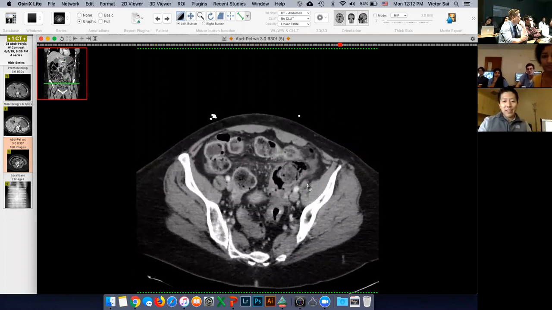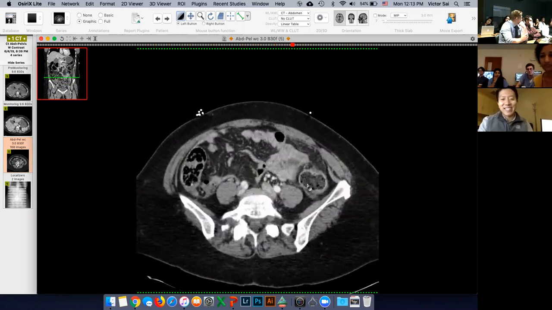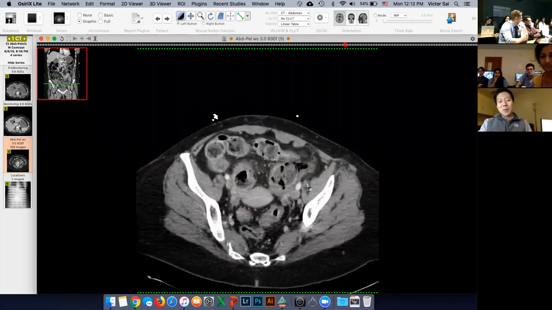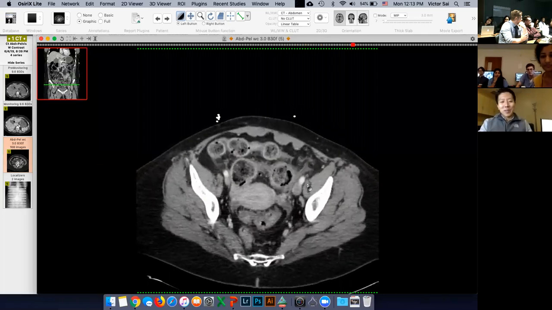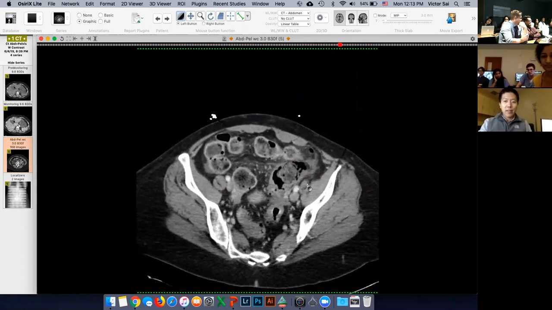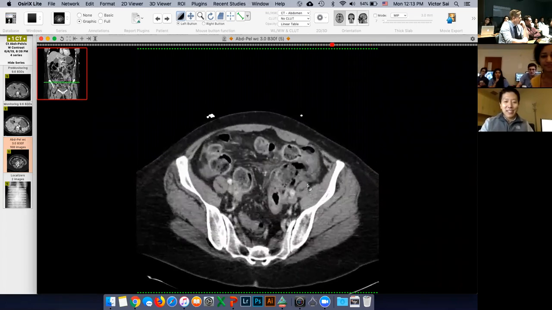Any thoughts? Is the etiology of this our theme today, at least of the two cases that I'm showing? Colitis. So what variety of colitis would this be called? Anyone? Any of your residents?